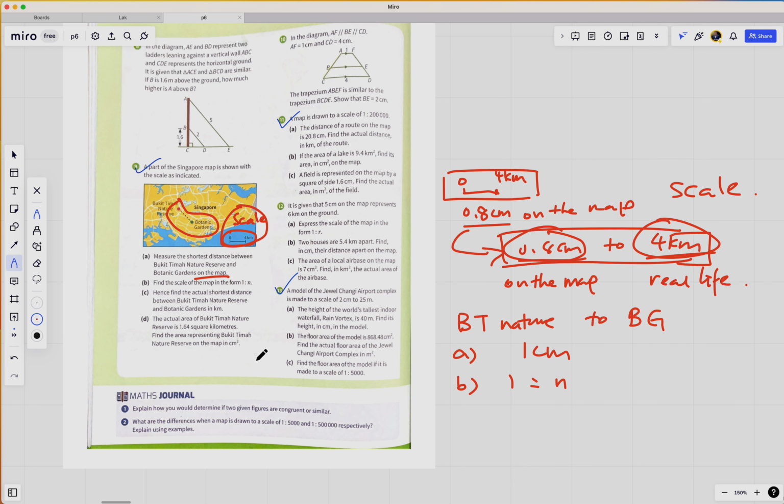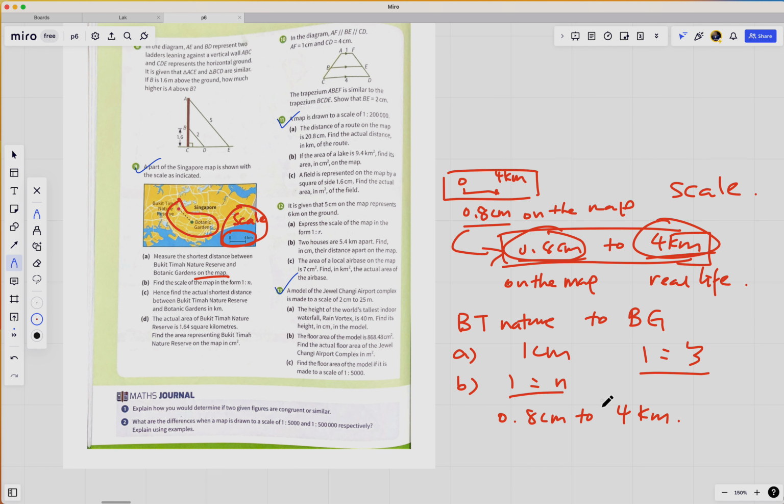So you need to get 0.8 cm to 4 kilometer. How do you read this one? It's 1 to 3, right? Therefore over here is 1 to n.